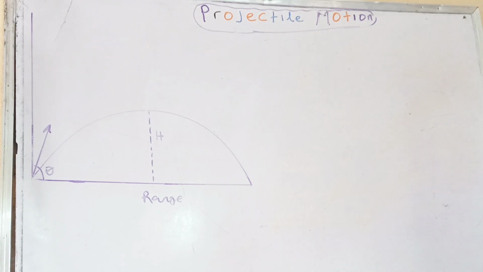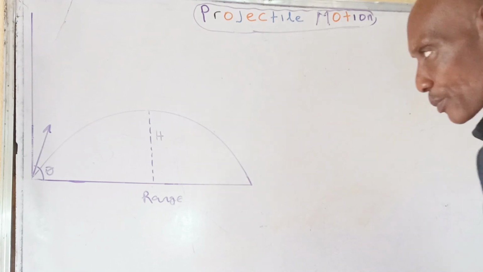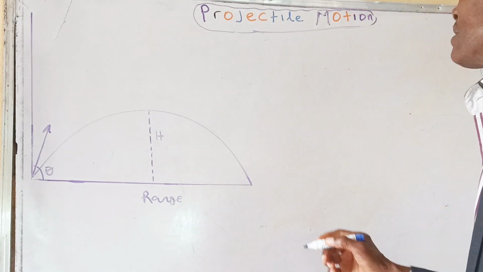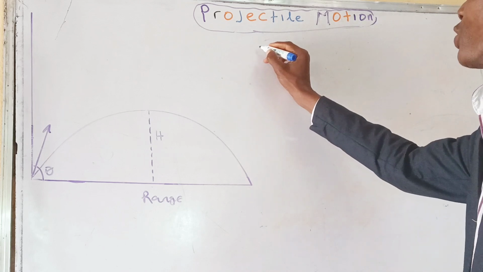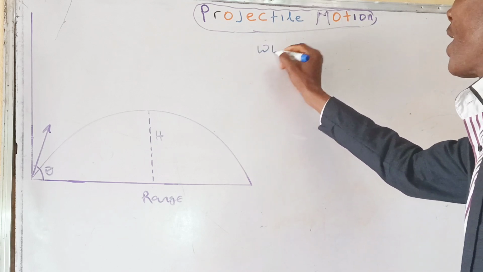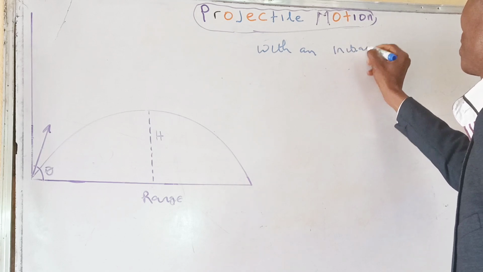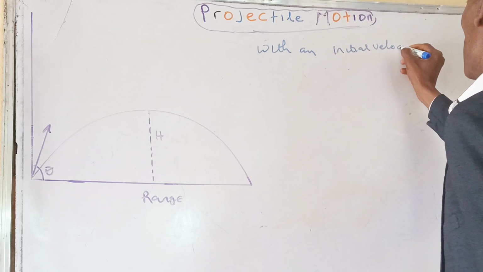Now, what is a projectile motion? Let's try to give it a working definition. A projectile motion is defined as motion of a body with an initial velocity.